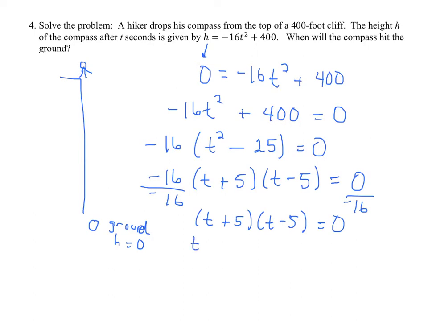So I set each factor equal to 0. So t is equal to negative 5. T is equal to 5 seconds. Now normally there would be two solutions to this, but since our variable is in terms of time, negative 5 gets rejected.